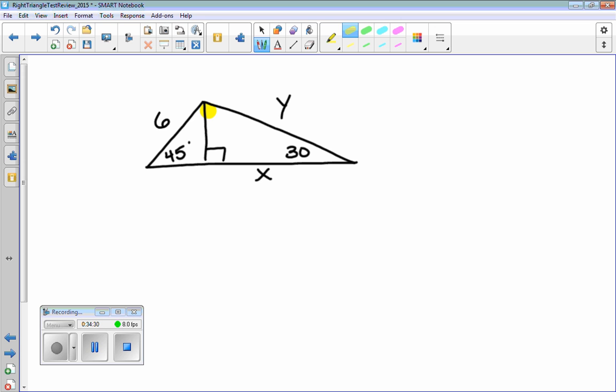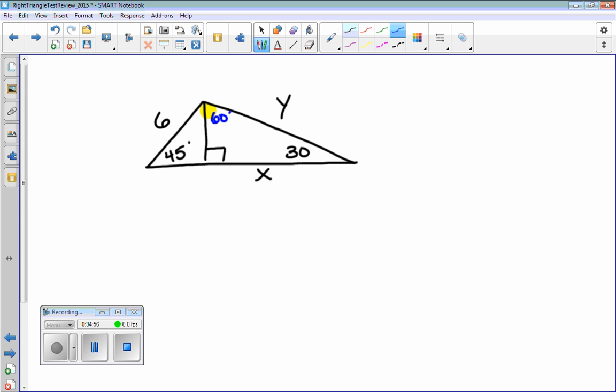So we want to find x and y. The problem is on the triangle on the right, the only information I have is a 30-degree angle. I need more. How do I find more? What do I do? Well, you know that the multiply is 60. Well, even if I know this is 60 degrees, that doesn't help me.